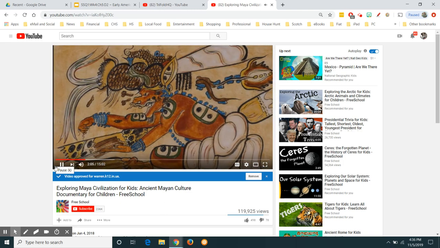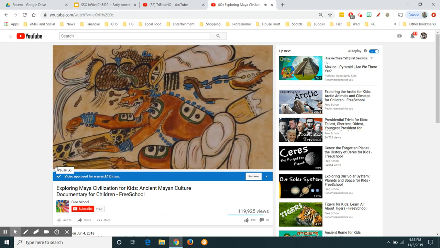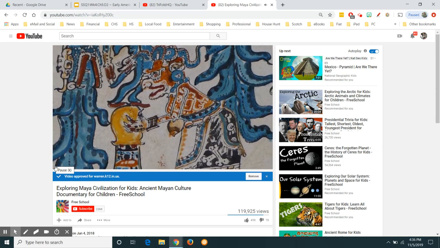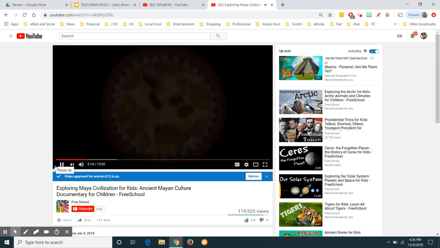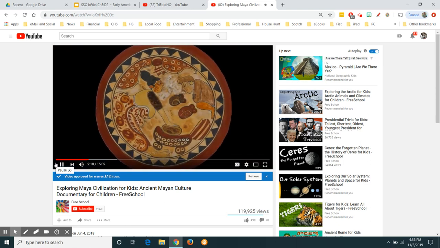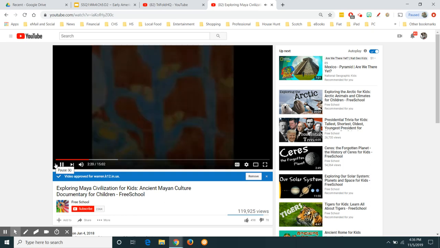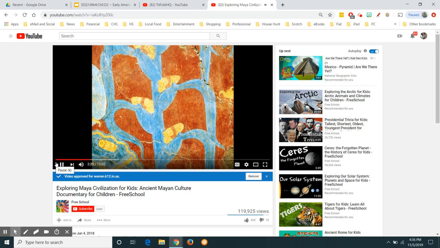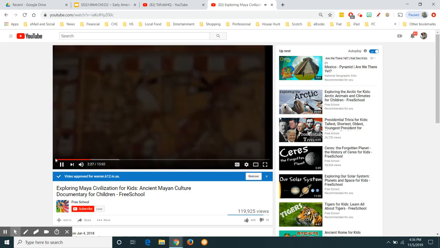The wooden people were strong, but they did not worship the gods, so the gods destroyed them with a flood. Finally, the gods tried a third time and made humans out of white and yellow corn. The precious corn was the material that finally produced real humans who would worship the gods.